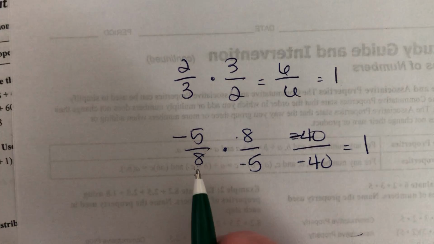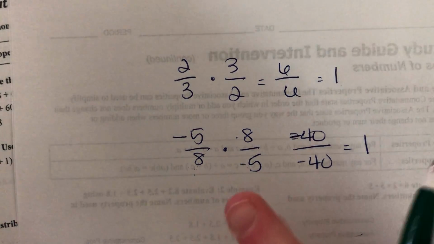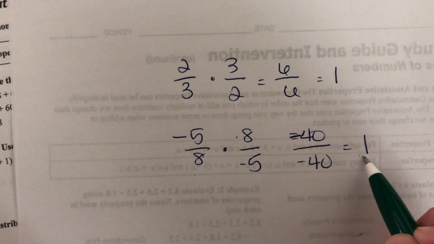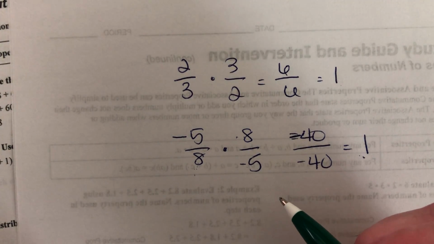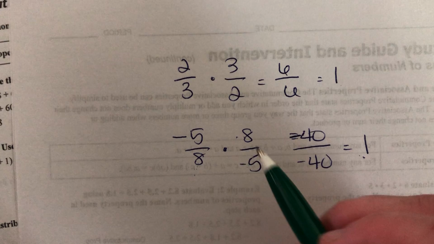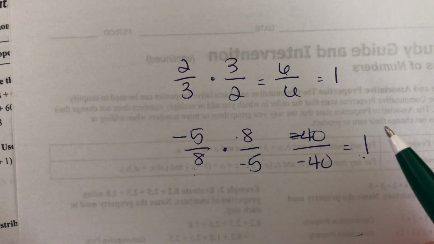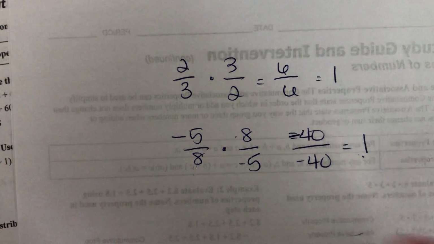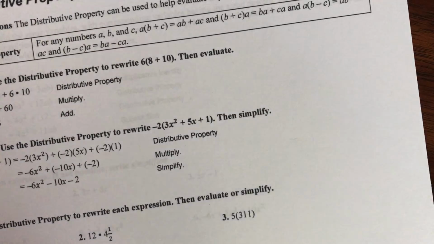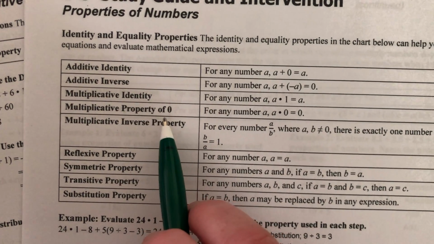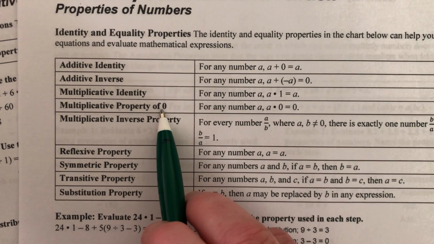So anytime you multiply a fraction by its inverse, flip it upside down, multiply it by that, the answer is always 1. So the additive inverse is when you add opposites. The multiplicative inverse is when you multiply reciprocals. Flip a fraction upside down, multiply, and the answer is always 1. Okay, multiplication property of 0, we all know. Anytime you multiply a number by 0, the answer is 0.